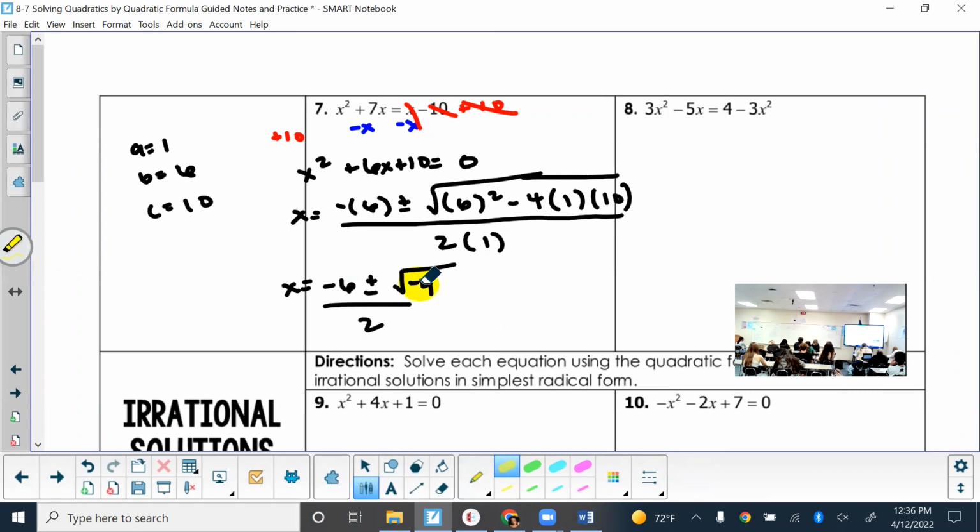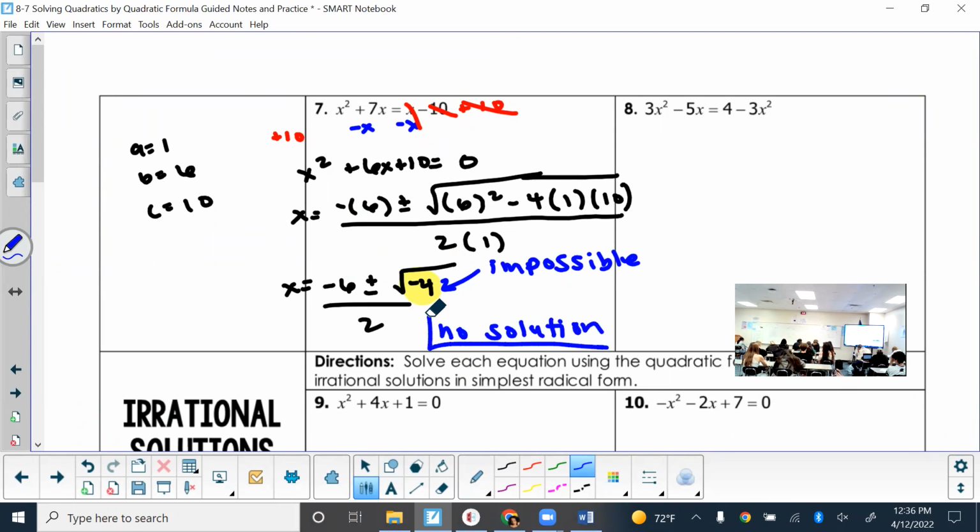No, if you try it, your calculator will probably say error. And if you remember back to the 8-4 lesson, whenever we tested the discriminant and it equaled a negative number, there were automatically no solutions. So in any of these types, if you find a negative under the square root symbol, you're finished. It's just no solution. You can't take the square root of a negative. Questions there?